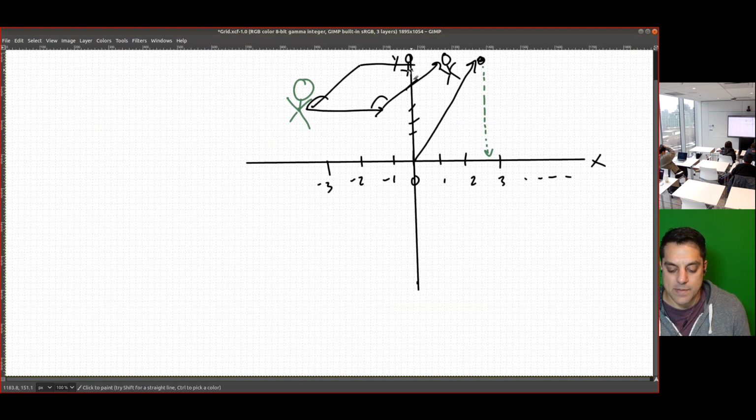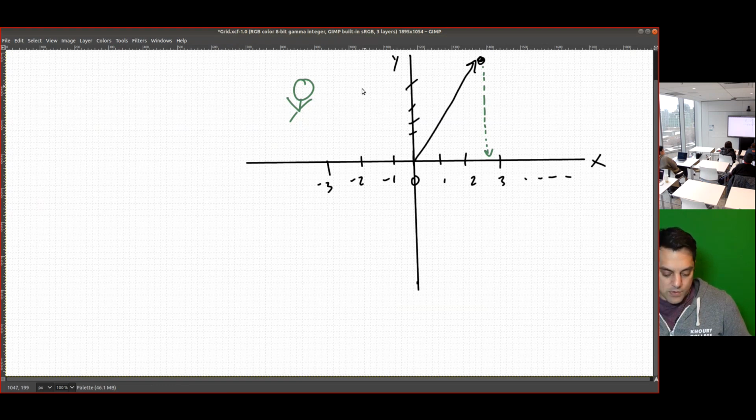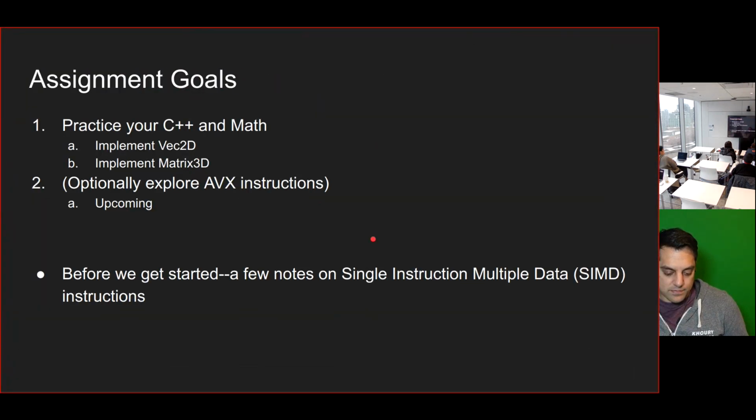They'll land in some other location, right? Here versus here, for instance. Okay, so that's the idea. Okay, so order matters. All right, that's all I need to say about matrix multiplication right now, because that'll be enough to get you through the assignment.